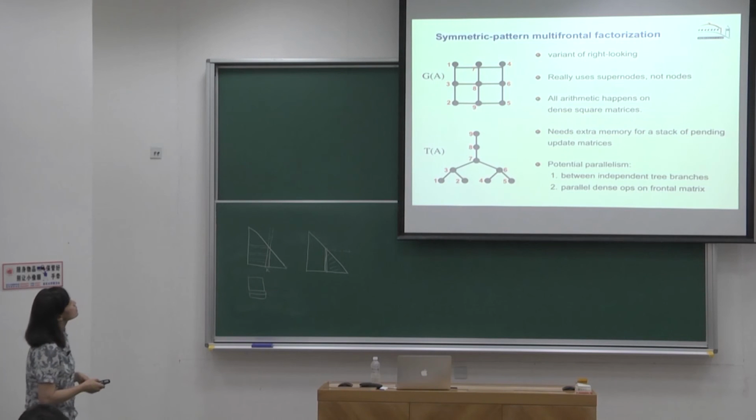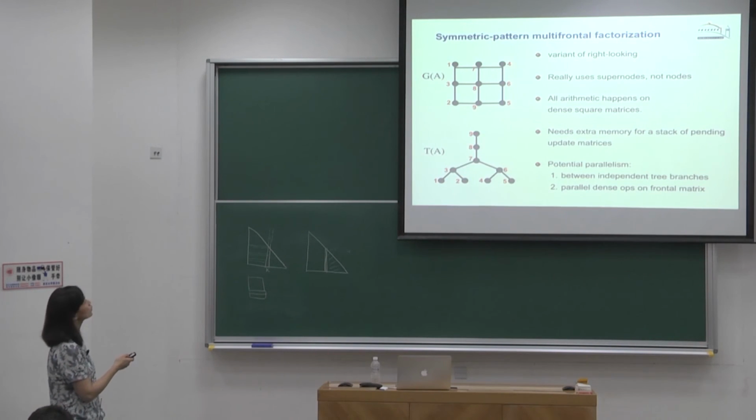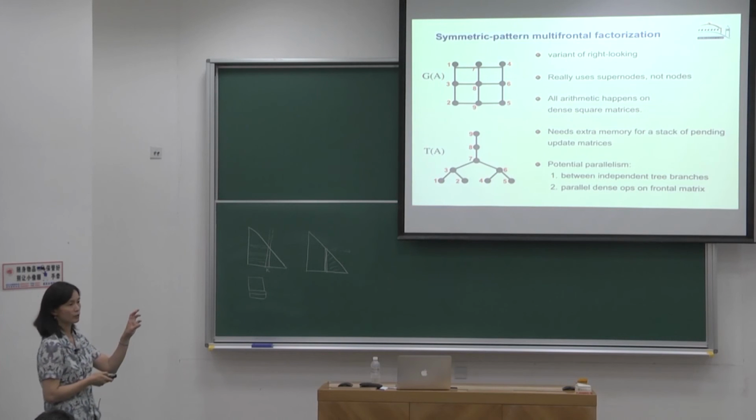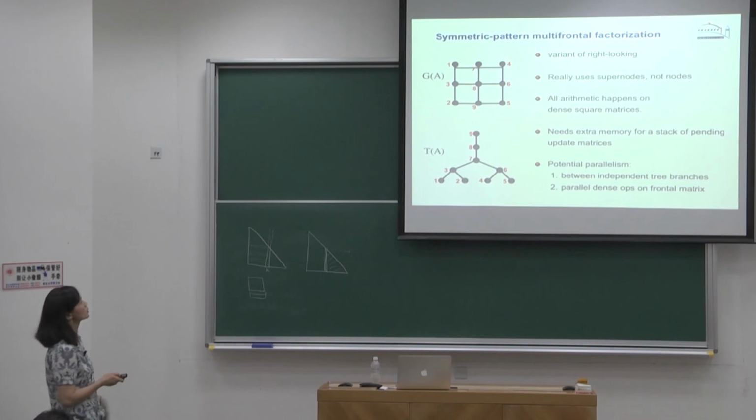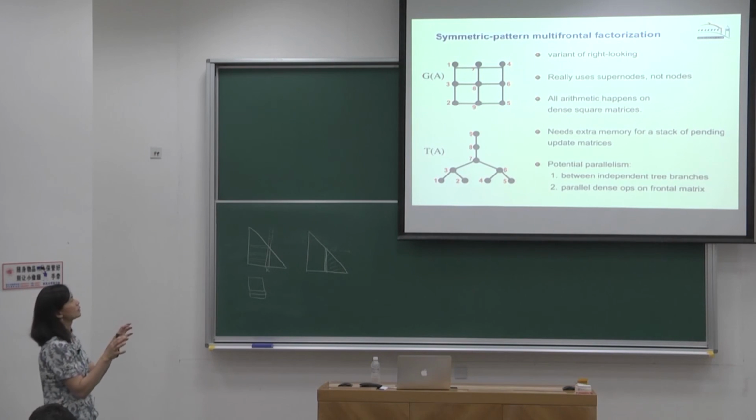So to summarize this multifrontal factorization, it's a variant of the right-looking algorithm, but it really uses supernodes, as I mentioned. Each of these frontal matrices corresponds to a supernode, not just one node. All the arithmetic happens on dense square submatrices, but the disadvantage of this algorithm is it needs extra memory to accumulate all the update matrices.